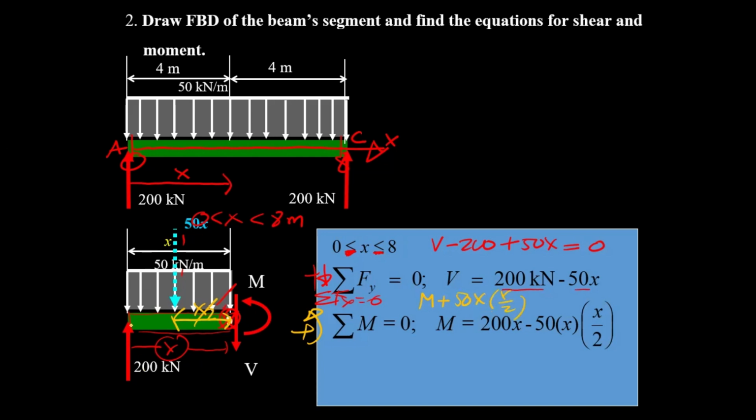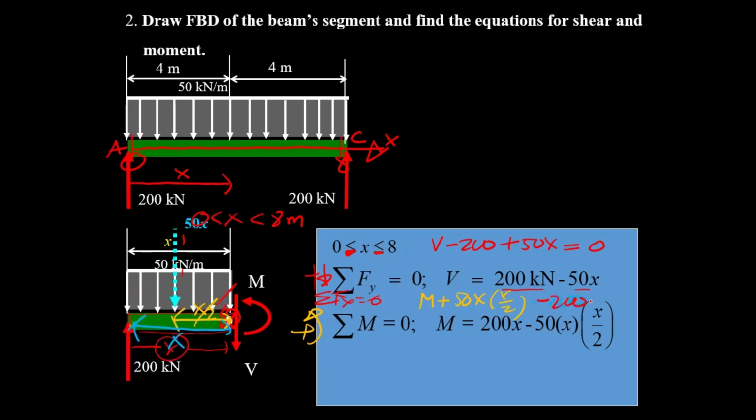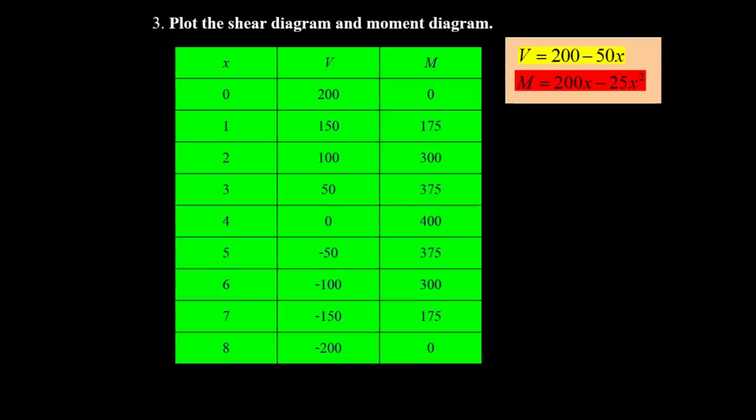Then 200 times the distance from here to here, which is x, rotating in the opposite direction, so minus 200x, equal to 0. Then M is going to be 200x minus 50x times x over 2. You get this equation.